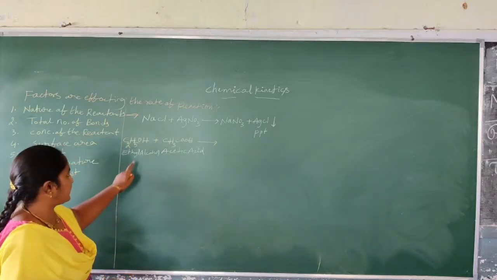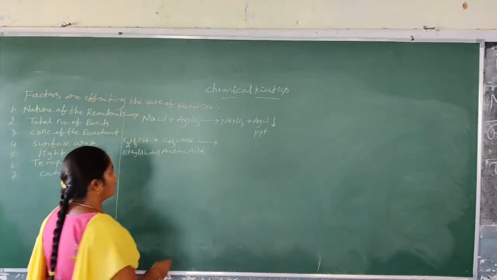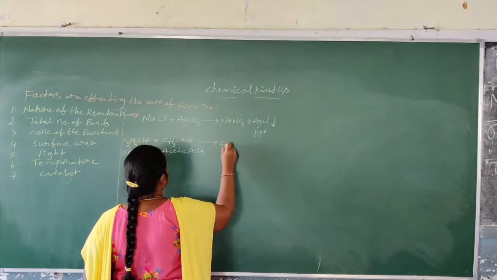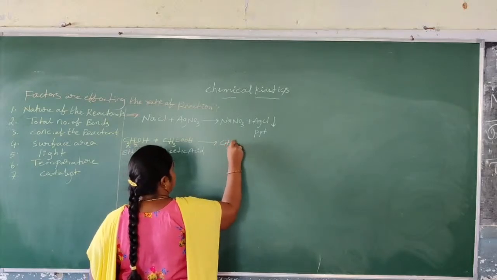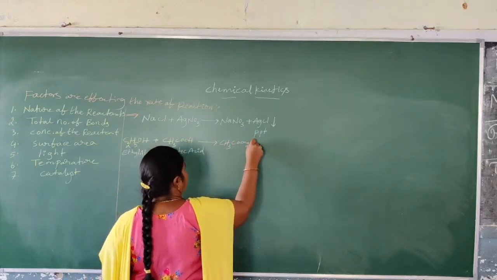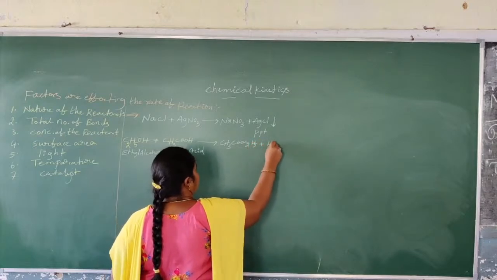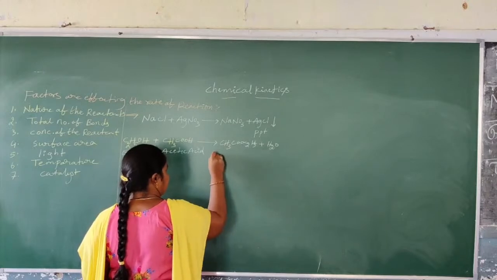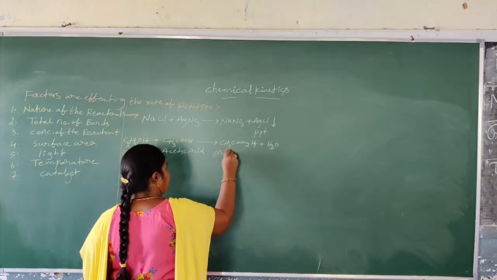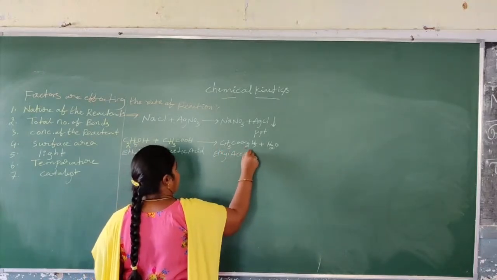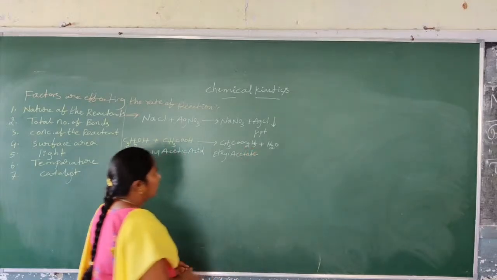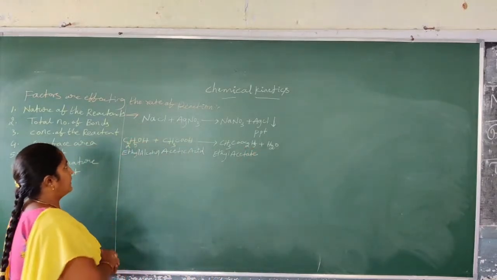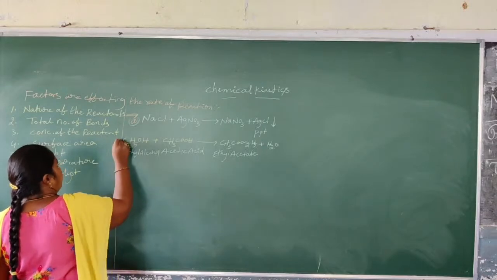Now the reaction between ethyl alcohol and acetic acid gives a product, CH3COOC2H5 plus H2O. CH3COOC2H5 is named ethyl acetate. Now here two reactions are there, A and B.